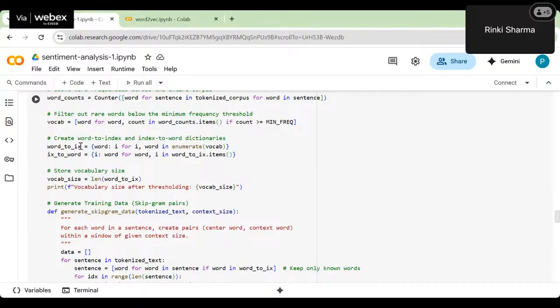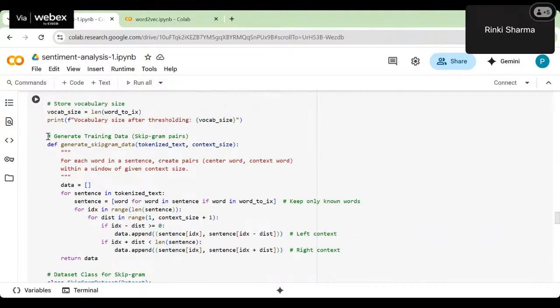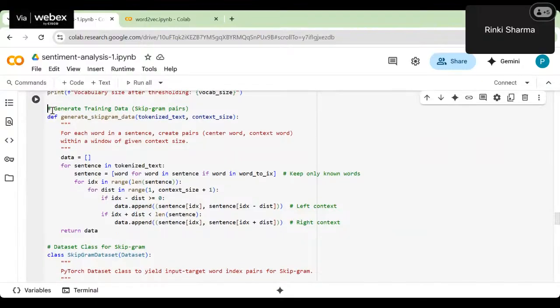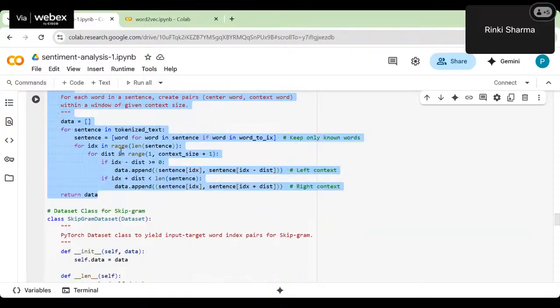Now we define the training context and target pairs for the skipgram model. We have already seen how to create the context target pairs for the skipgram model, so this part deals with how the context pair and the target pair are created in the case of skipgram.